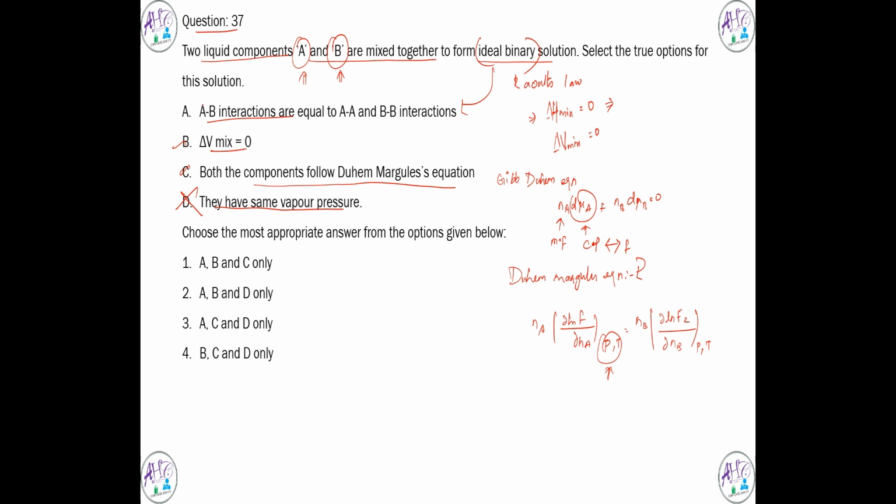When I say solution, I mean the solution of A and B, and when I say the component itself, I mean A with A. So this is correct, and the vapor pressure claim is not, just because we are taking two different components, each maintained at its own pressure. So the vapor pressure may or may not be the same, but we cannot say. So option A is the correct answer.